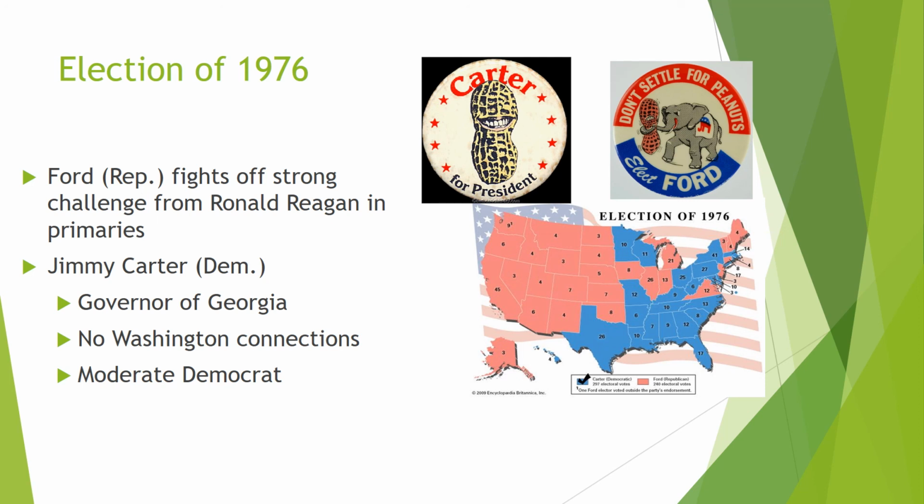Now, the sad part about the story is that we see a noticeable decline in the number of Americans who voted in the 1976 election. You could almost feel how disgusted people were with American politics at that time.